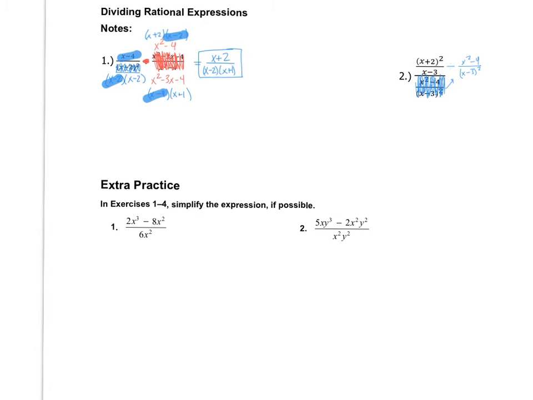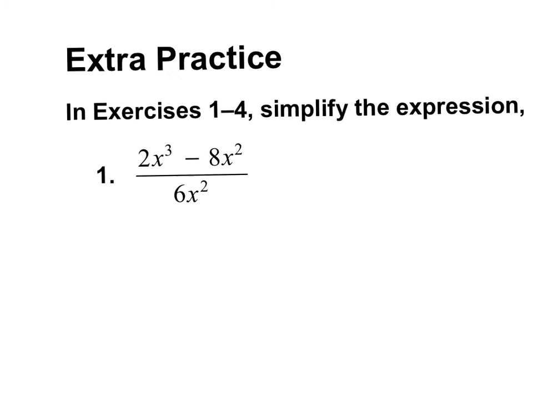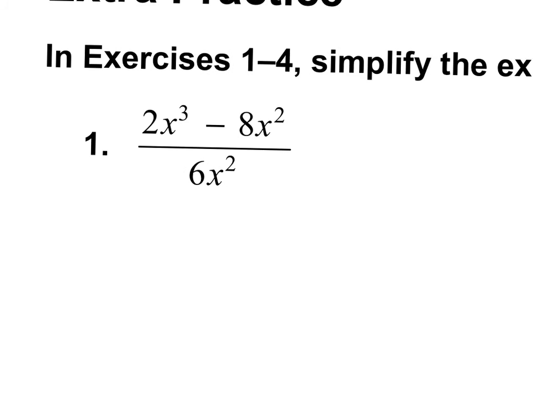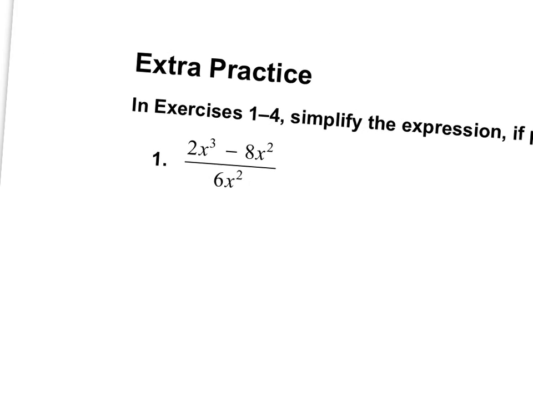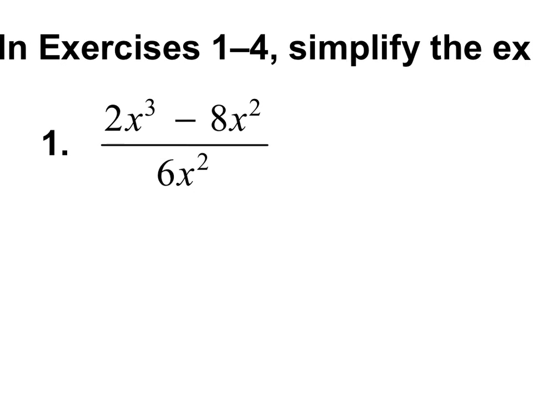Sometimes the problems will just require you to take out a GCF. Like if we go down here to the extra practice, number 1, sometimes you can just take out a GCF, and that's really all you need to simplify. So on the top, I can take out a 2 and an x squared. If I take out a 2 and an x squared, that leaves me with x minus 4.